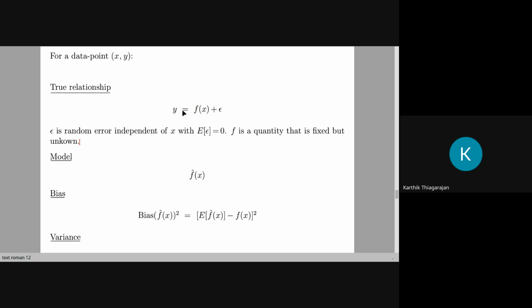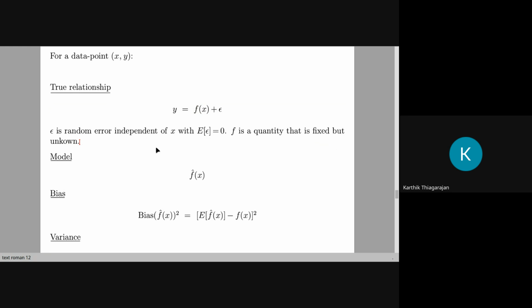So u = half g t square, those who remember your class 10, class 12, right? So the distance covered is a function of the time taken. So you know that there is some fixed quantity, but you don't know what it is. It's fixed but unknown.